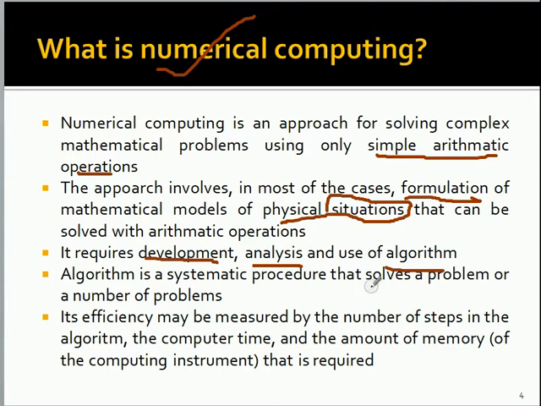Algorithm is a systematic procedure that solves a problem. You already know that from CSE 221, or you will be knowing that from CSE 221. Its efficiency may be measured by the number of steps in the algorithm, the computed time, and the amount of memory required. This is actually time complexity and space complexity that we do in 221.